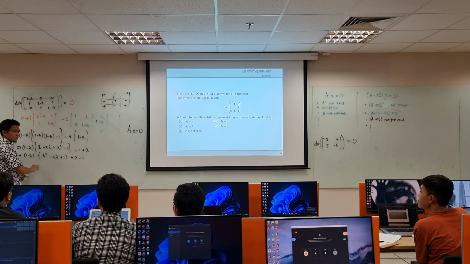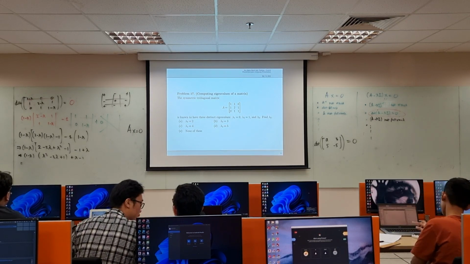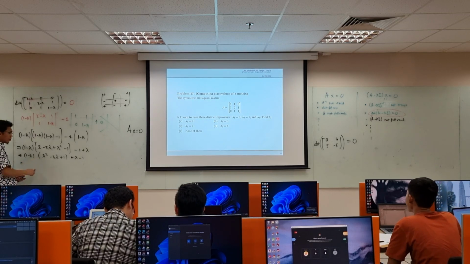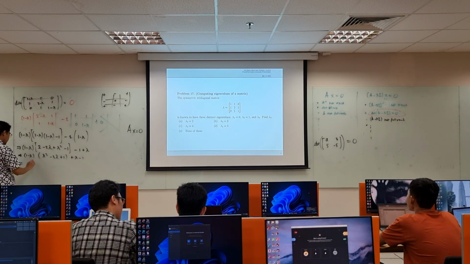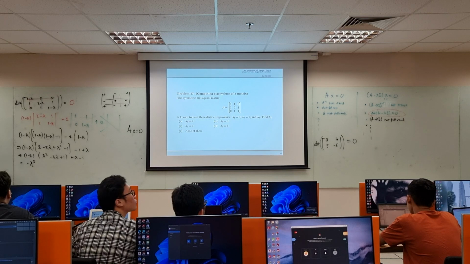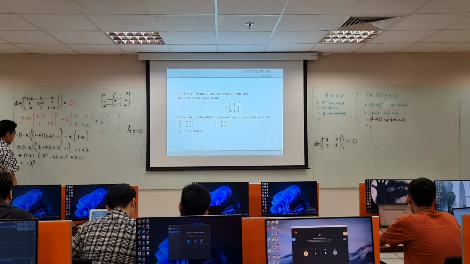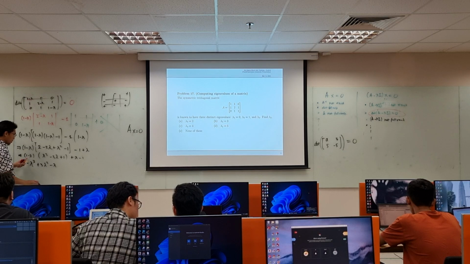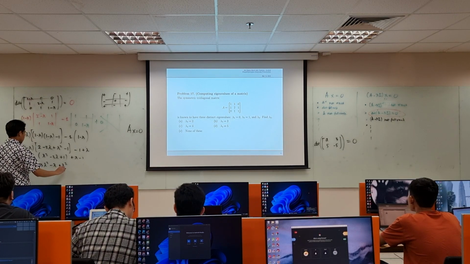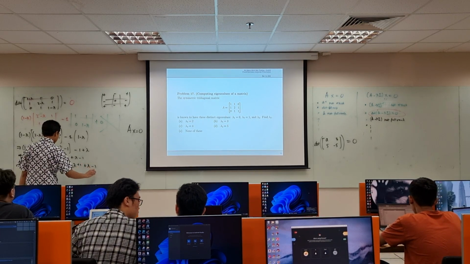I want you to expand up to lambda to the power of 3, lambda cube. What else do we have? Plus 3 lambda square, and then minus lambda, and then this one again, and then plus lambda square again, plus 1, and then plus lambda minus 1.